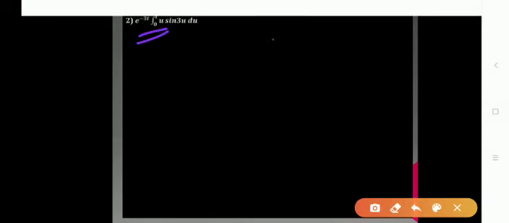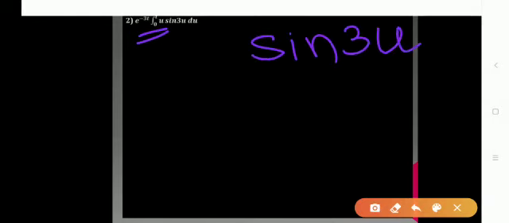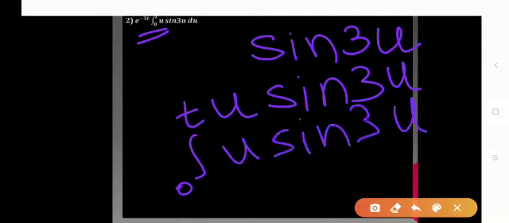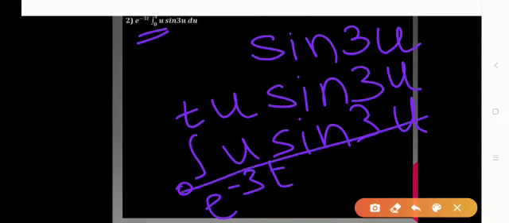So first you have to find, as usual, the Laplace transform of sine 3u, then use the multiplication by t property for the Laplace transform of u sine 3u, then find the Laplace transform of the integration of u sine 3u, and then finally apply the first shifting property for the multiplication by e raised to minus 3t to this complete integration part. So one by one we will see the solution.